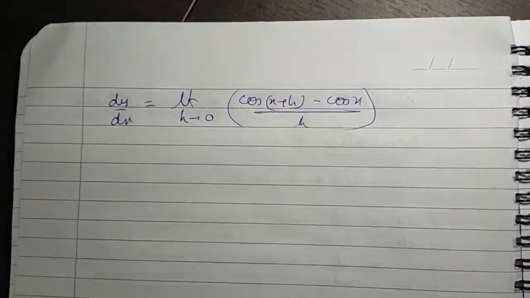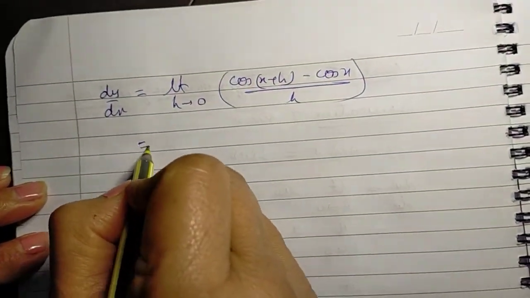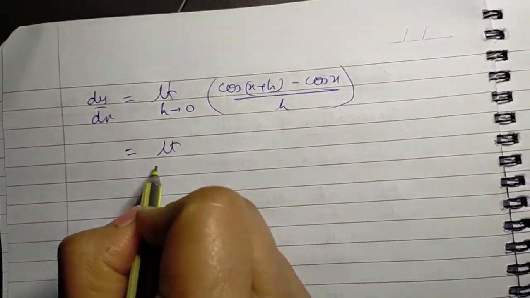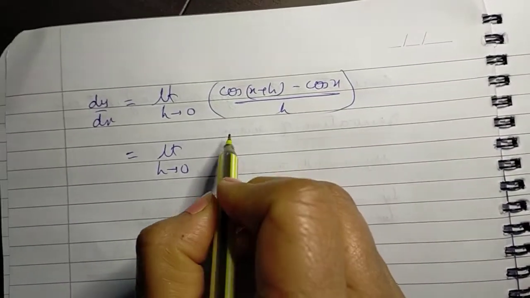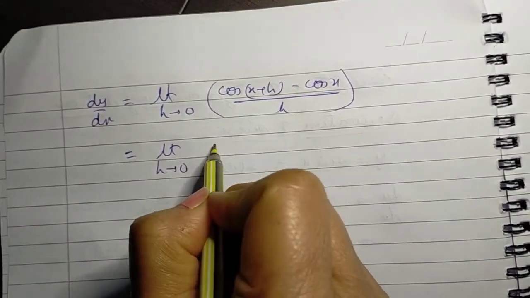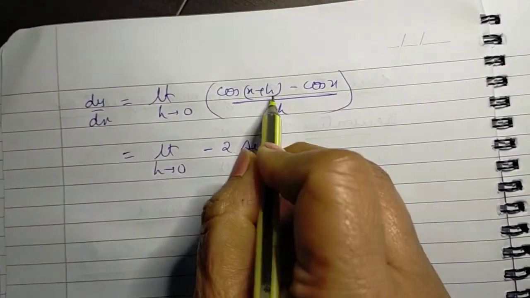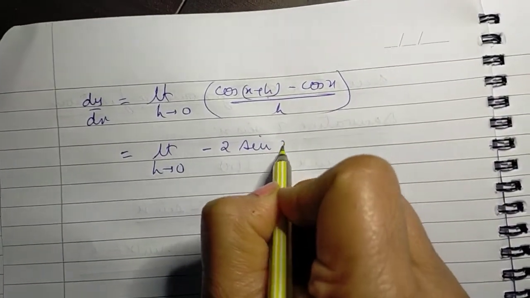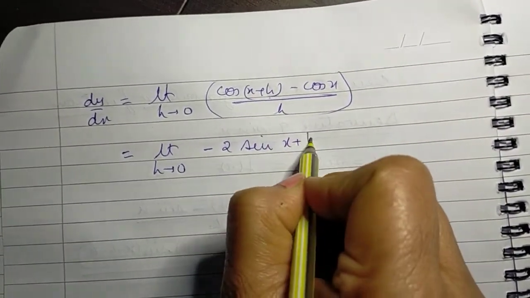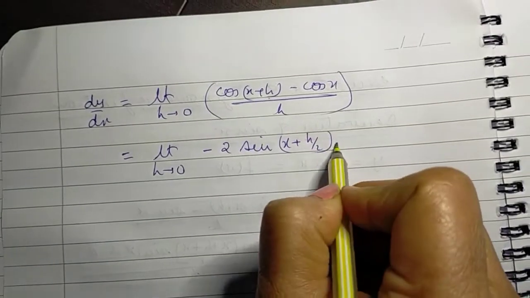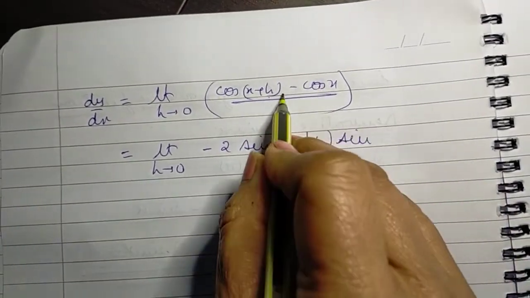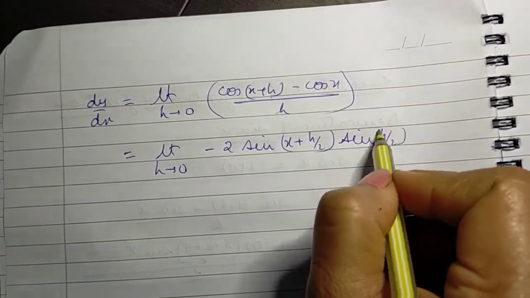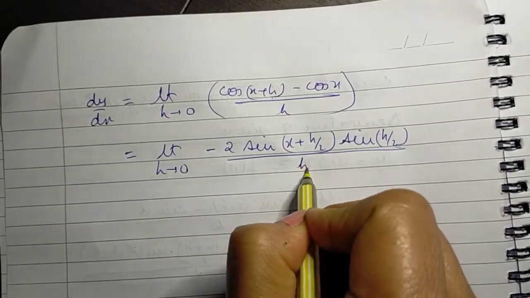Now we apply the cos a minus cos b property, which will be equal to limit h tending to 0. Cos a minus cos b is minus 2 sin of (a plus b) by 2, which comes out to be (x plus h) by 2, into sin of (a minus b) by 2, which comes out to be h by 2, whole upon h.